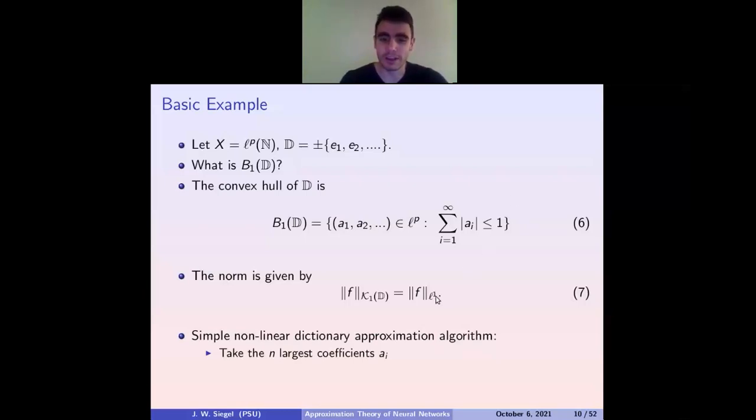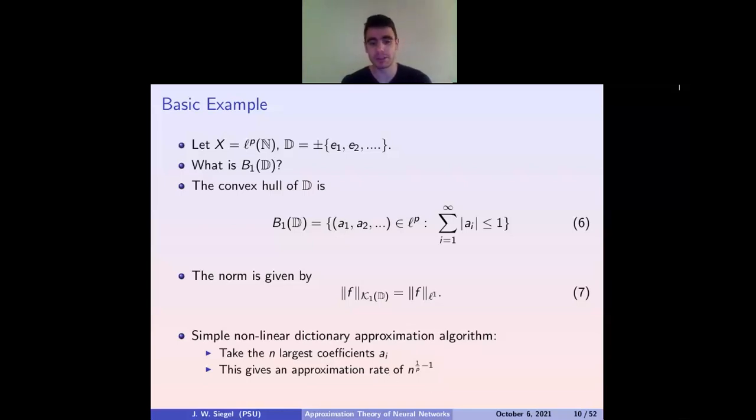We have an element of little l^1, and we want to approximate it in little l^p using a small number of components. Of course, the best way to do that is to take the largest coordinates, the largest components. In this case, you can easily verify that you get an approximation rate of n to the 1/p minus 1. So if p is bigger than 1, you do get an approximation rate for this class of functions.